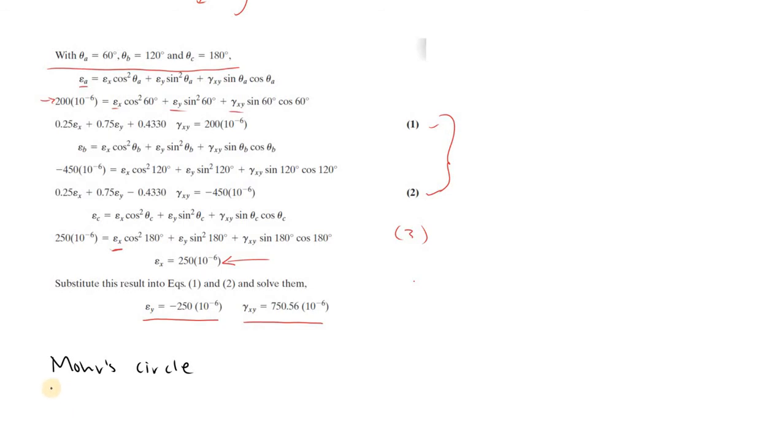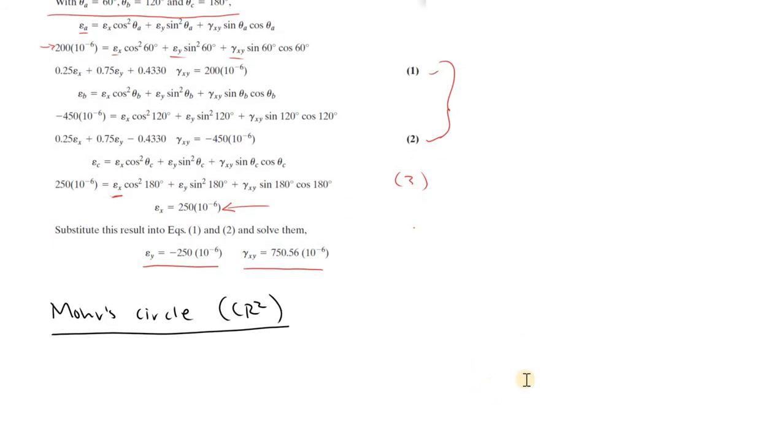And if you recall from our stress calculation, we had this CR squared method, and we can actually use it in here as well, because what we'll find is that most of our calculation is going to be exactly the same. So step 1, we want to find the center point.